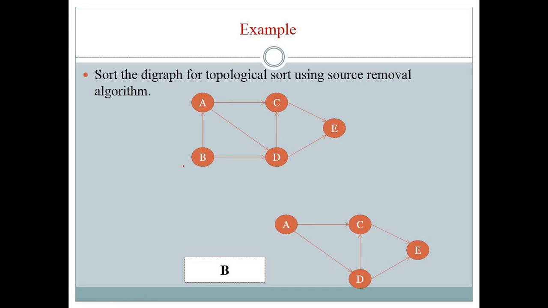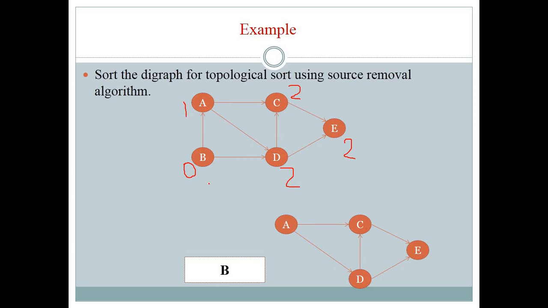Here B has no in degrees, meaning 0. A has 1 in degree. C has 2 in degrees, D has 2 in degrees, and E has 2 in degrees. So we have to select that vertex whose in degree is 0.